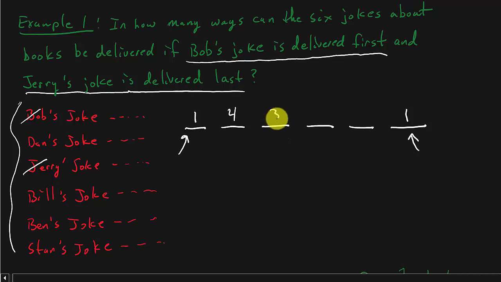Well, I only have 3, because the 4 that were remaining, one of them told their joke here, so now there's only 3 left. And then another one told their joke here, so I only have 2 choices. And then for this joke here, I only have 1 choice. I hope that makes sense. And so how many different ways? Well, 1 times 4 times 3 times 2 times 1 times 1, and that's going to be 24 different ways.